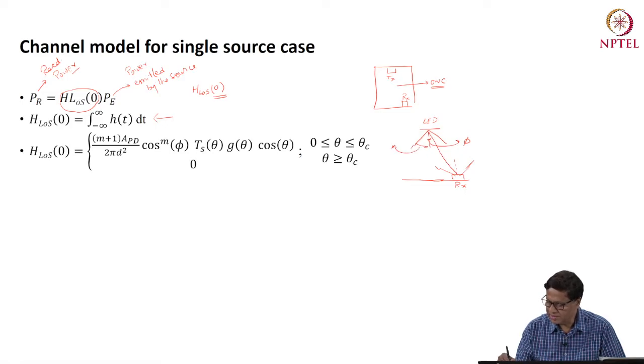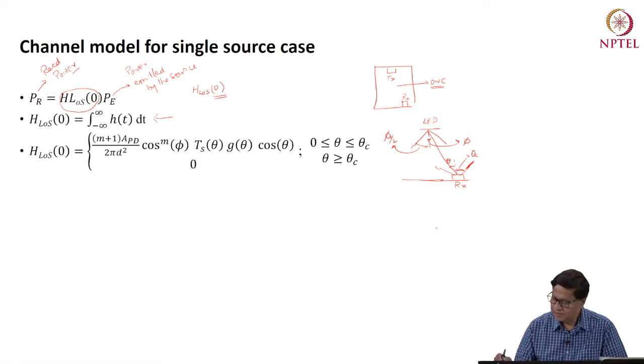It is actually the half irradiance angle, which we had discussed in the last class. And this angle, which the ray makes with the normal at the receiver, let us denote as theta. The total FOV is twice the angle between the normal and this side, say theta c. If the ray falls beyond this, it will not add to the receiver and you will not get any output.